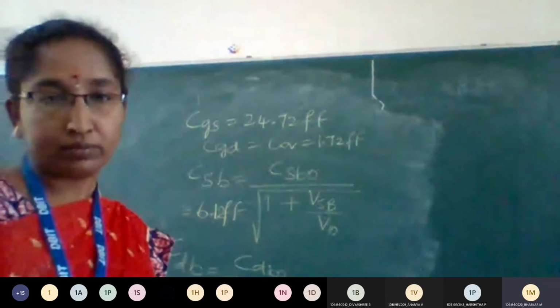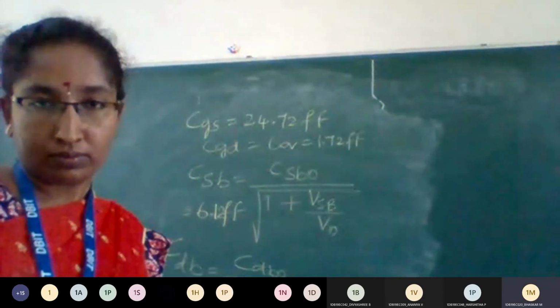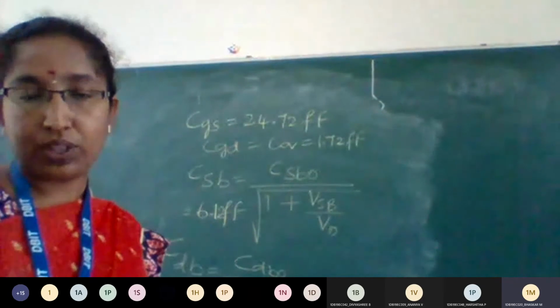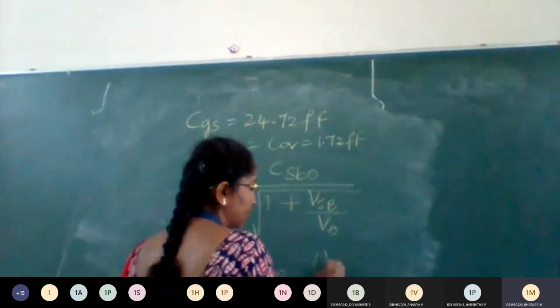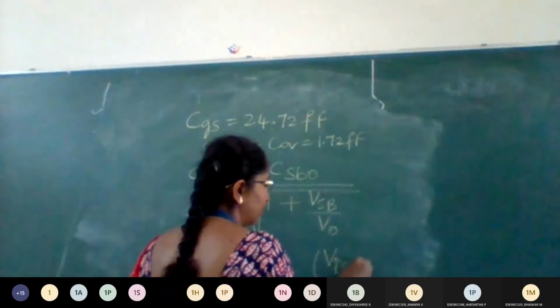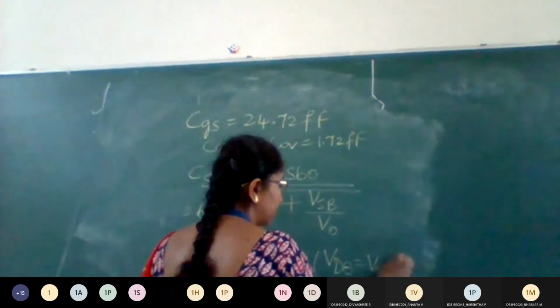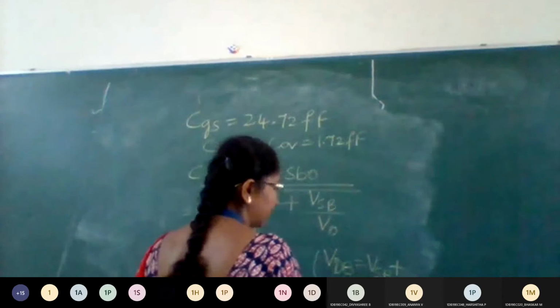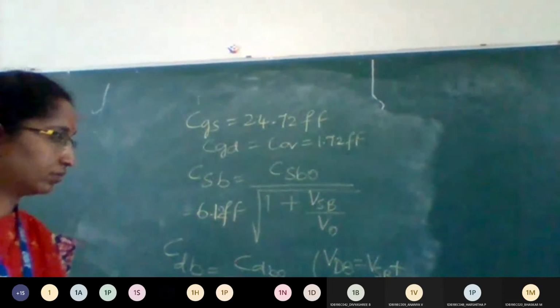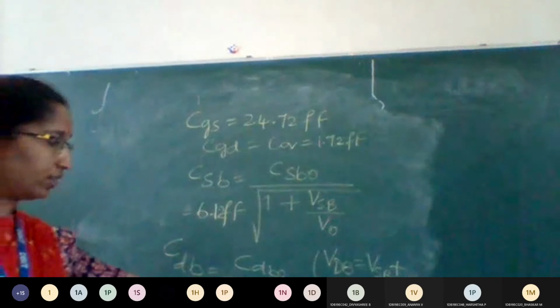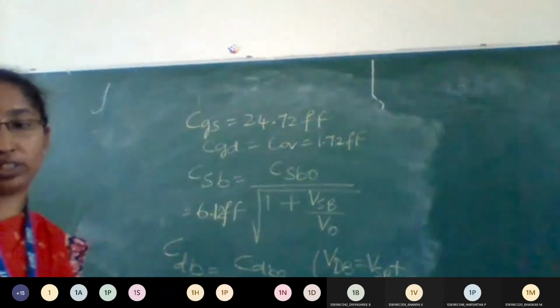Ma'am, VDB is equal to VSB plus VDS. So 1 plus 2 is 3.